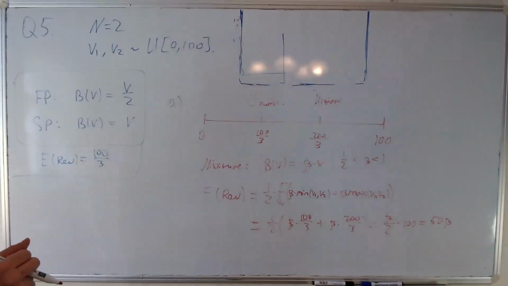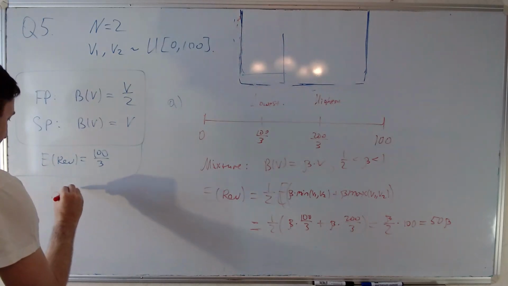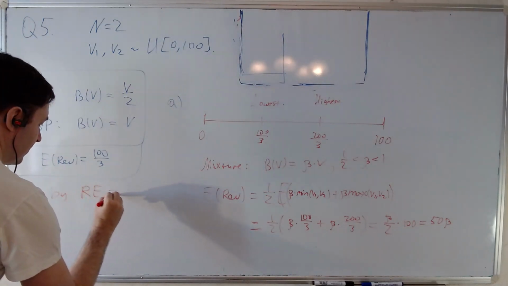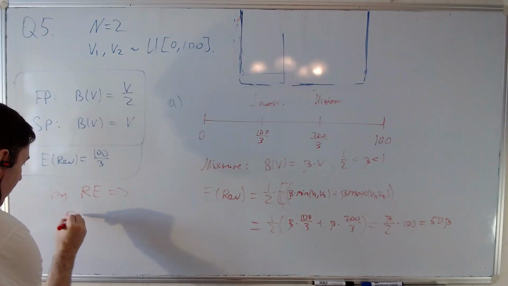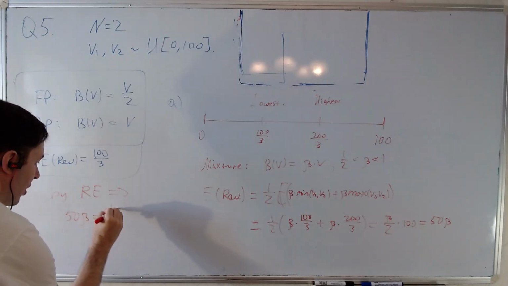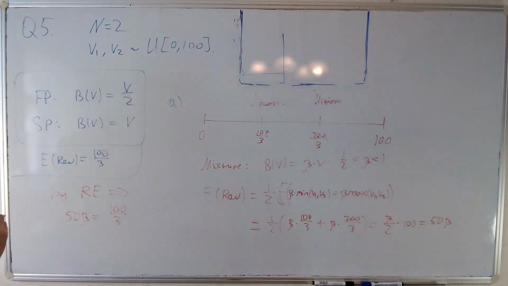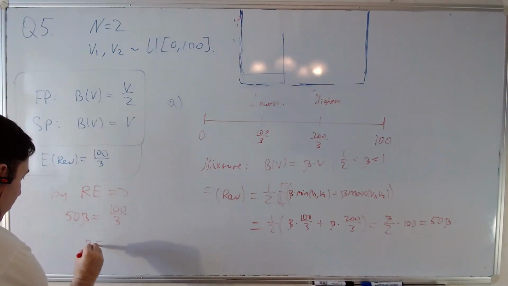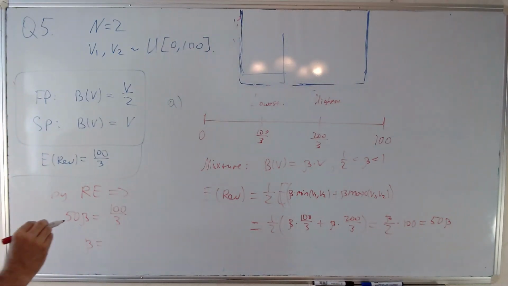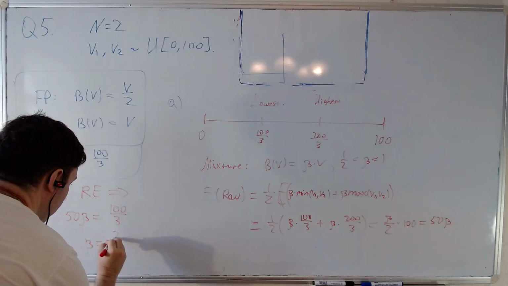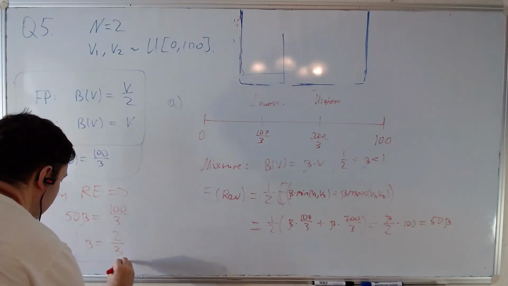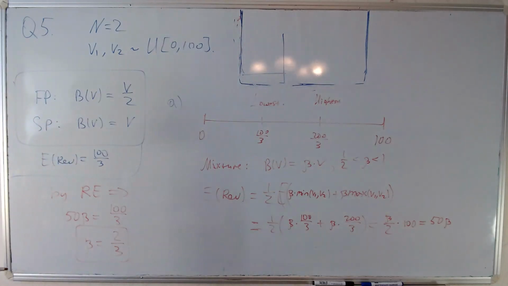So it will generate 50 times beta, but then by revenue equivalence, 50 beta has to be equal to 100/3. So then the only way it could happen is if beta is 2/3. And that's what we found.